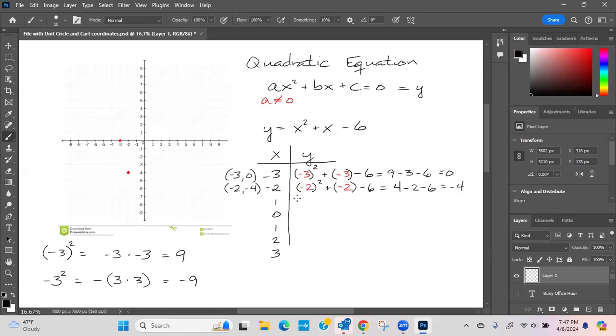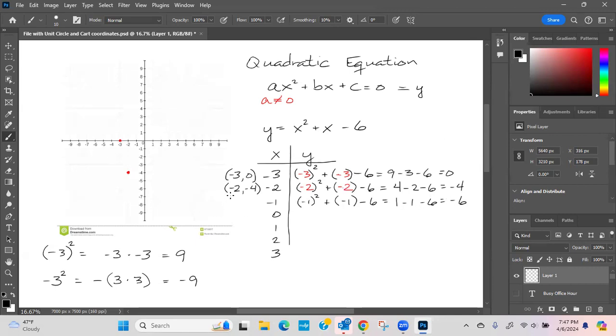Now we'll do the same thing with, oh, this was supposed to be a -1. I'm just going to go ahead and write those in black. Color, I suppose, doesn't really matter as long as you get the process down. -1 times -1 is 1, plus -1 is like -1, and then we have -6. 1 minus 1 is 0, -6 is -6.